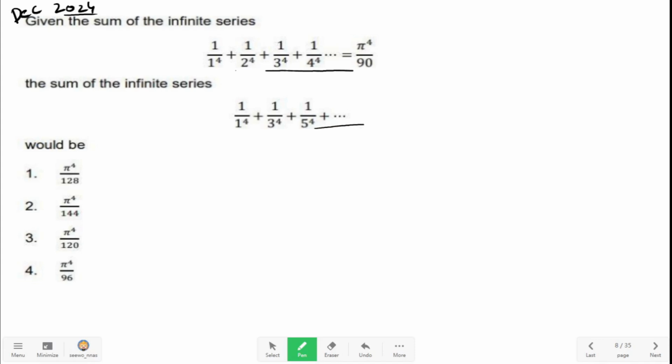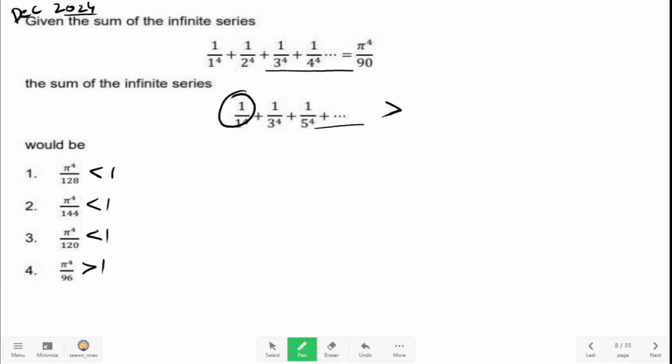We can do this easily if we use a calculator. In the first three options, if you calculate the value using a calculator, all of them are less than 1. Only option 4 is greater than 1. And in the given series, you can see that the first term is 1 and then you are adding some positive terms.